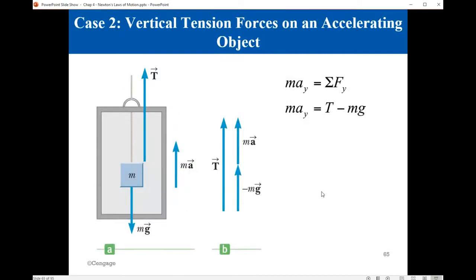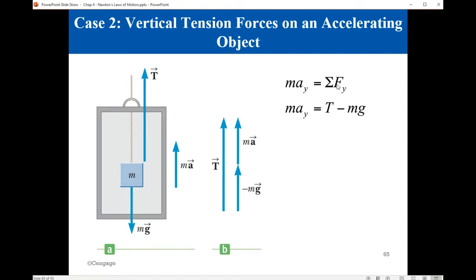If there is acceleration involved, then we have to take the acceleration into consideration. So here, think of this situation: a mass hanging in an elevator. The elevator is moving up with acceleration a. So now the net force is equal to mass times acceleration. This is Newton's second law.